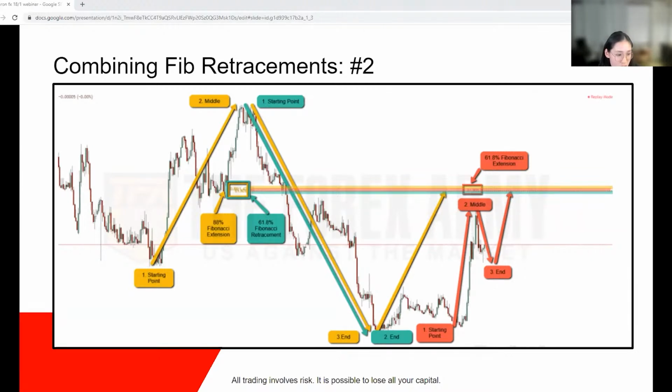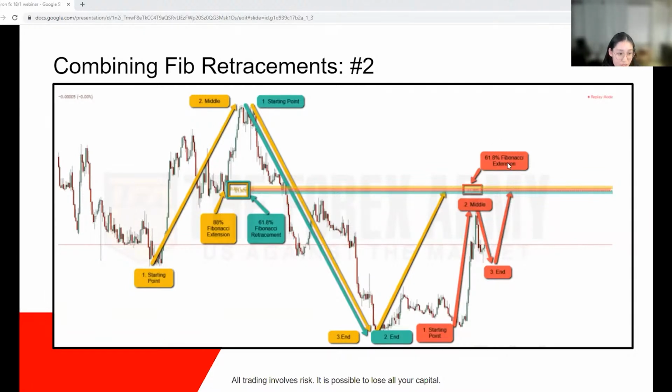Okay. So for the last Fibonacci extension, we have another flash over here, the red arrows. So remember, for Fibonacci extensions, we're looking for the flash symbol or lightning bolt symbol, however you want to call it. So for yellow, it's like this. For red, like this.